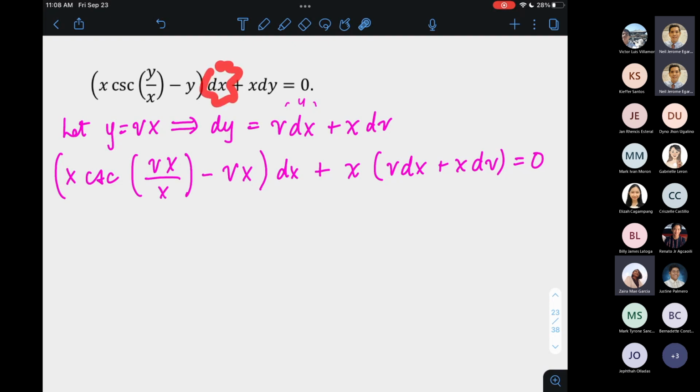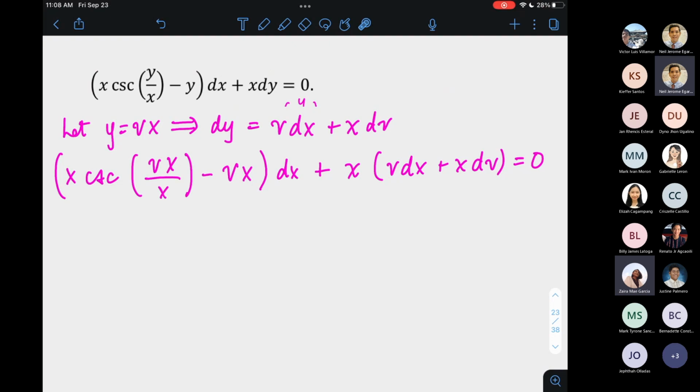So si dx ay magiging v dy plus y dv. Alright? Siya yung magiging binomial, ita-times mo ng binomial, so magpa-FOIL method ka. Alright? So you can avoid some of the algebraic nuances kapag maganda yung napili mo na substitution. Either will be fine, pero siguro sa integration, medyo mas mahirap yung isa than the other.